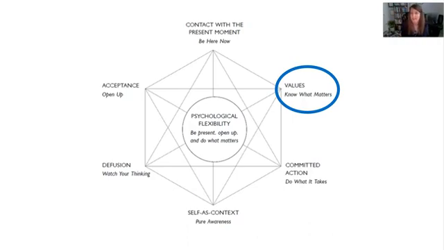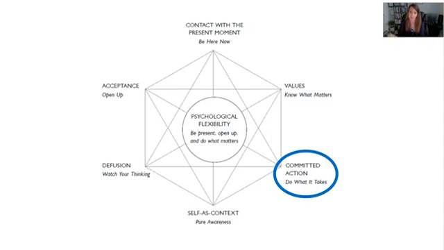You can take actions to support your health. So the values is knowing what matters and being intentional and clear about what matters to you. Then we have committed action, which is where you just do what it takes to live out those values.